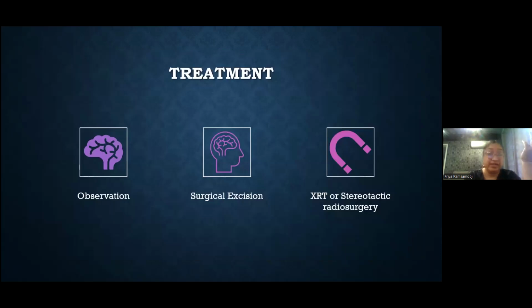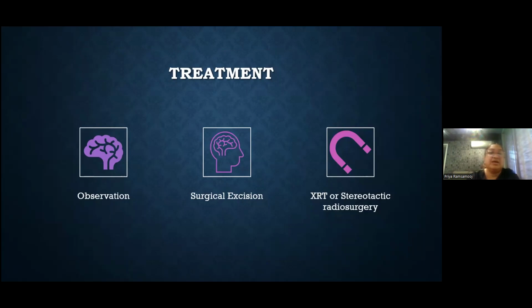So how do we treat them? The three modalities that have been proposed for treatment are observation, surgical excision, and the role of stereotactic radiosurgery. Now, the truth is, even after decades of literature and work in this field, there's conflicting data regarding the optimal management of cavernous malformations, right?